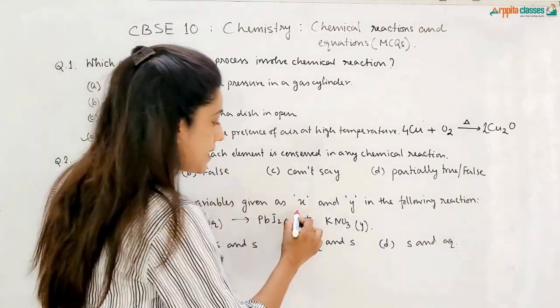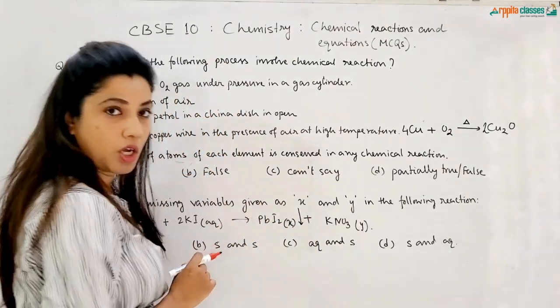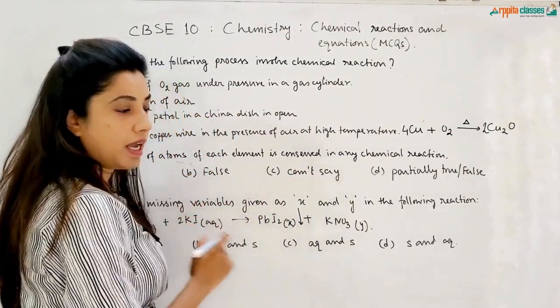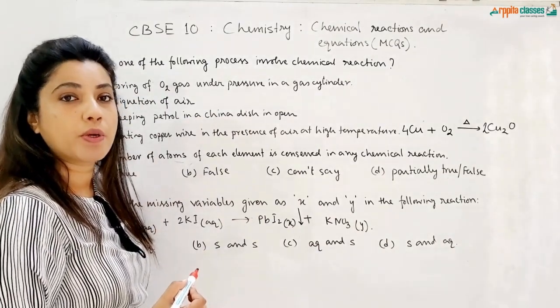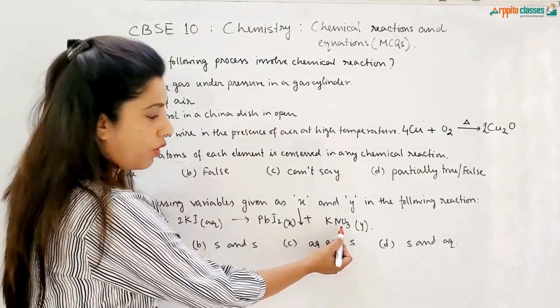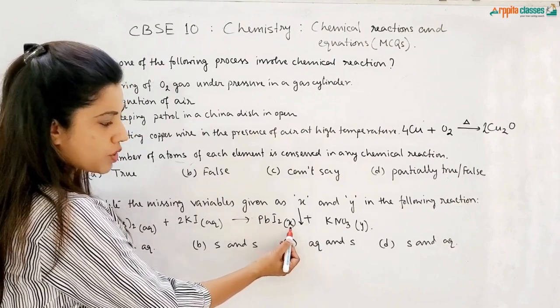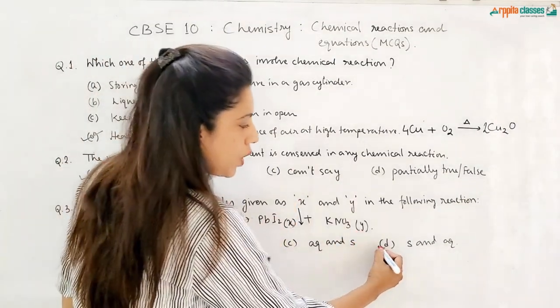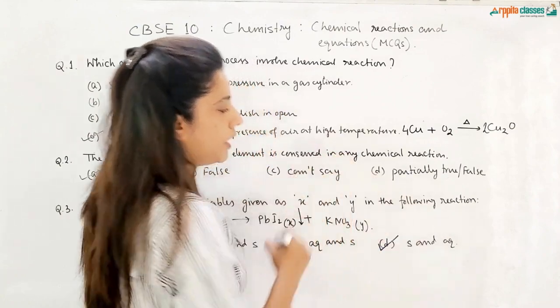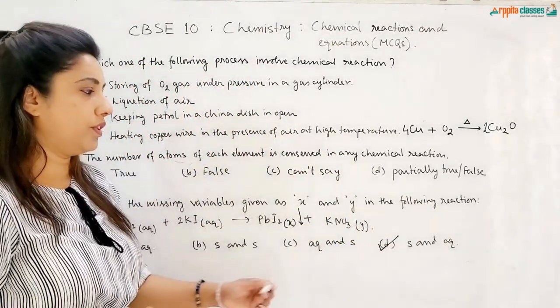So we get a precipitate of lead iodide. So this is a solid here, and KNO3 is in aqueous condition. This is a salt solution of potassium nitrate. So the answer will be solid and aqueous, which is option D. So option D is the right answer for this question.